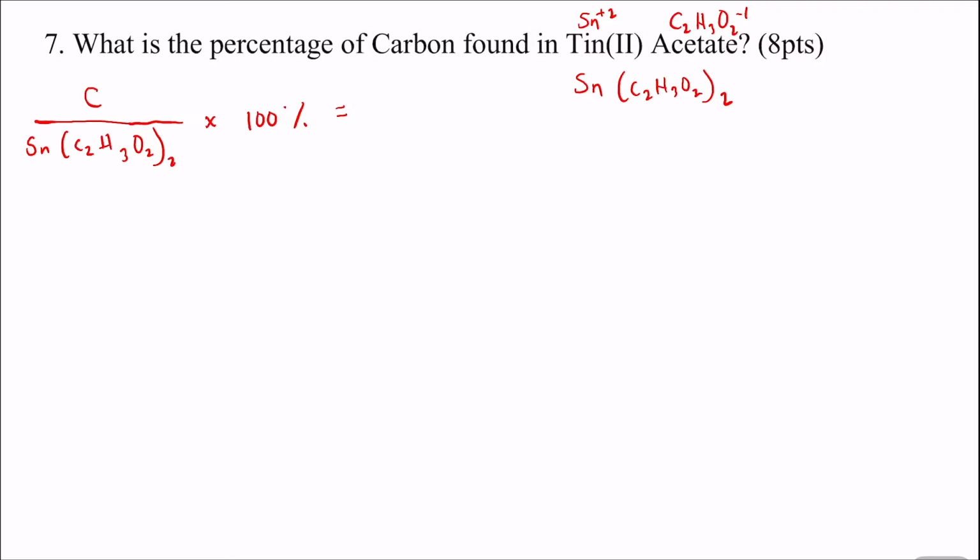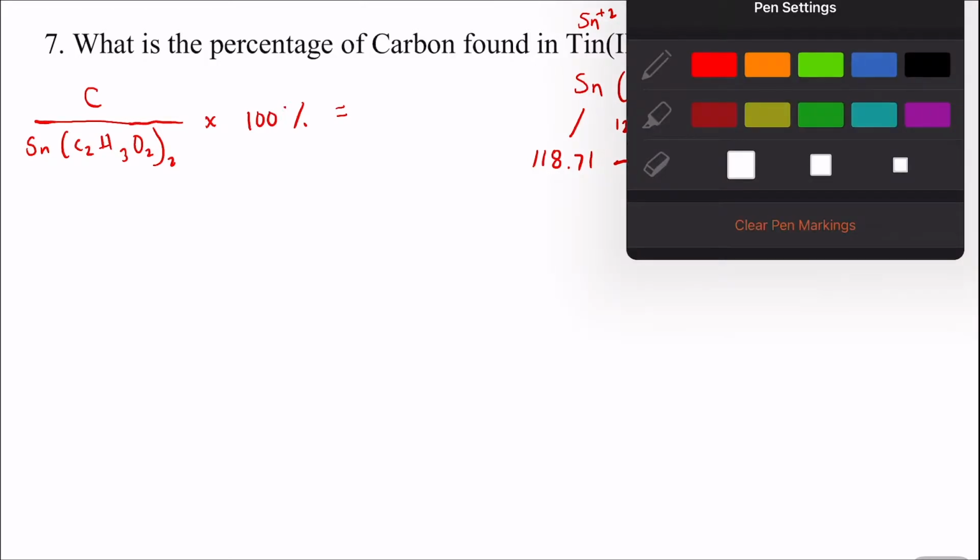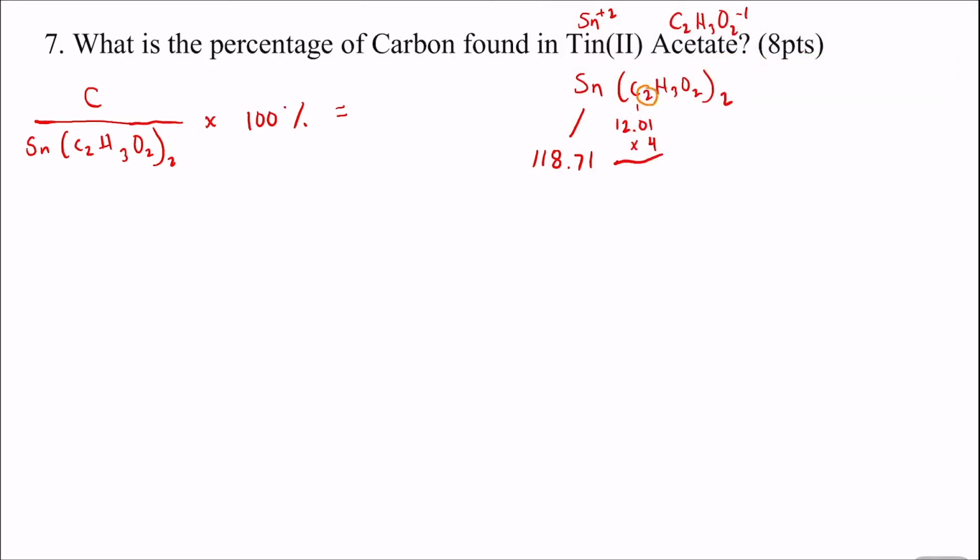The next thing we need to do is figure out the molecular mass of everything. So let's go through this large problem first. So tin is 118.71, carbon's 12.01, and we're going to multiply it by 4 here. The reason we're going with 4 is because we have 2 here and then 2 here, so we're going to multiply these together.